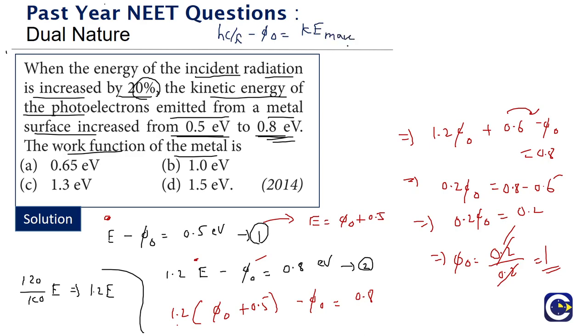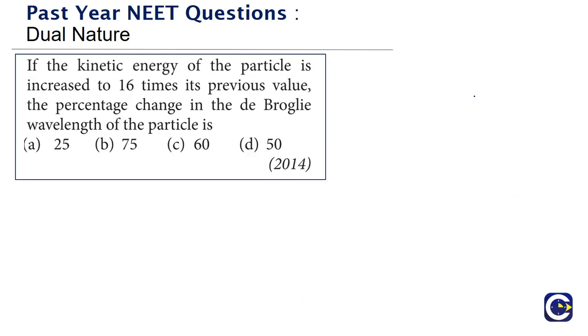The second form: the energy of the incident radiation minus work function is equal to, in place of Ke max, we substitute E into stopping potential. We have seen that we are using either the first form or the second form in these cases. So again, the answer for this question is option B, which is 1 electron volt.